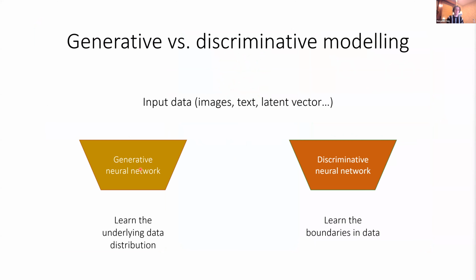So a typical example would be, again, categorization versus, in the generative case, for example, generation of image data, of images. So this distinction, I think, will come in handy a little bit later when we talk about generative adversarial networks.